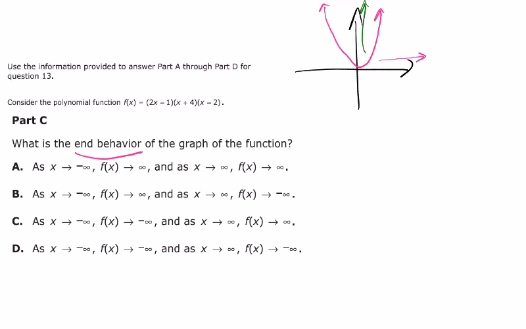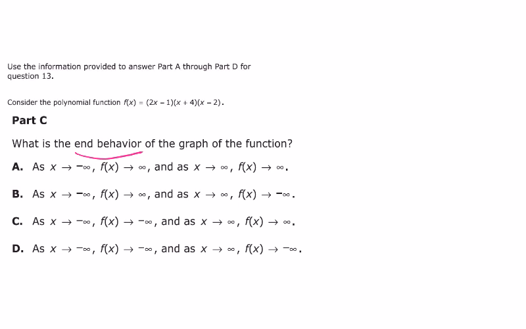So the same thing as we go to the left with x, y also goes up forever. So as x approaches negative infinity, y would approach positive infinity. Okay, I just used that as an example, but that's what end behavior is: what happens to the left forever and what happens to the right as it goes on forever.